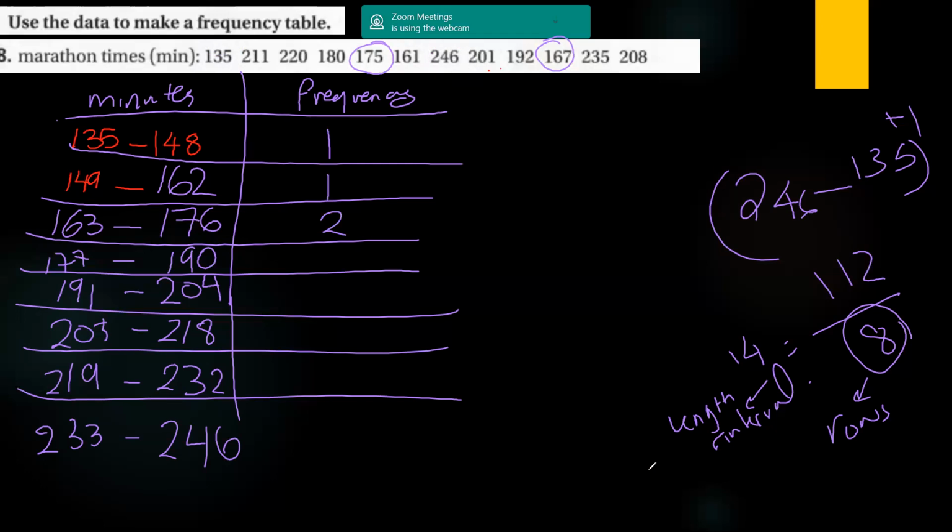Teacher, I didn't understand how we are finding these numbers. Now, search for numbers starting from 177 up to 190. I want to see if there is 177, if there is 178, 179, 180, 181, 182, 183, the numbers that start from 177 up to 190.